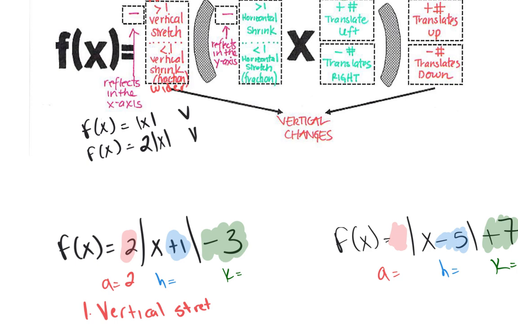My next number is the h. Notice I highlighted it. I am adding a number. If I add a number, I translate left. So my second transformation is to translate left by 1.